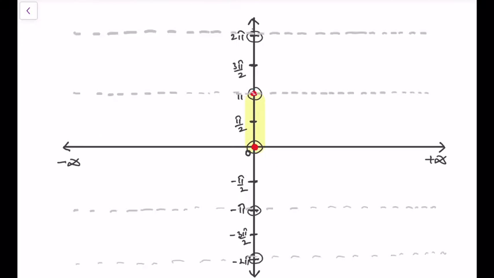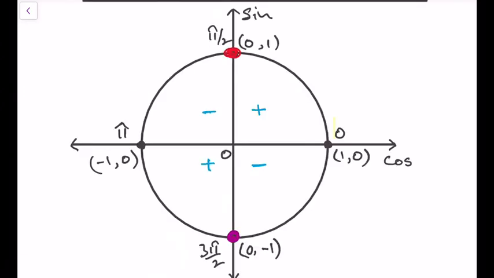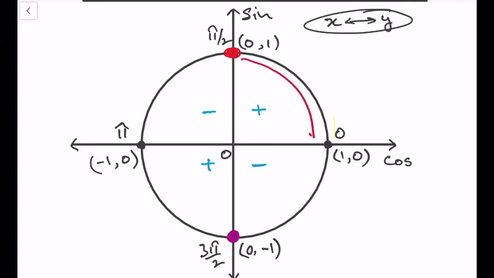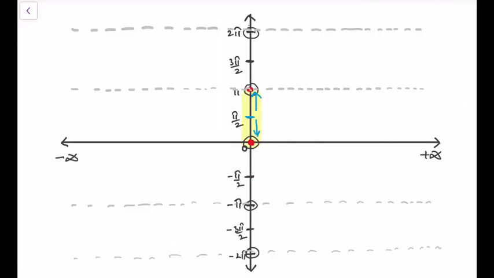Now let's see the behavior of this function at pi by 2, and we know that for an inverse function the roles of x and y get interchanged. So now when y is moving towards 0, then x will be moving towards plus infinity, and when y will be moving towards pi, then x will be moving towards minus infinity.